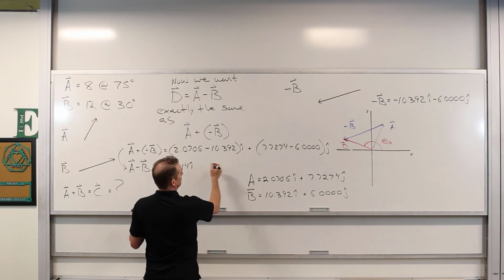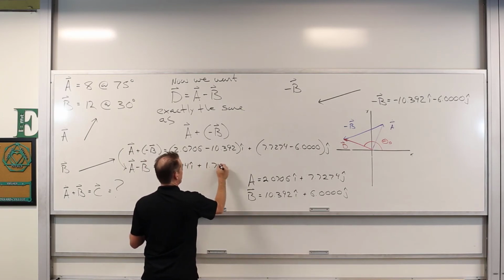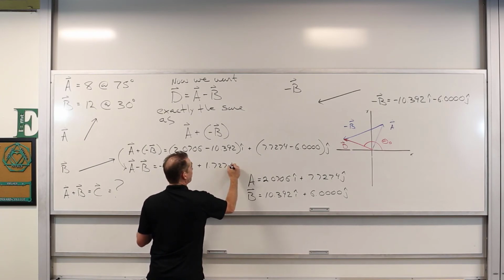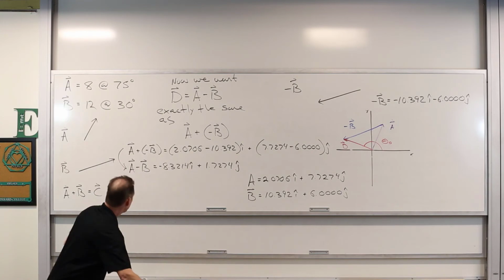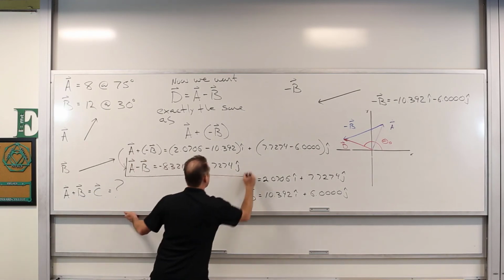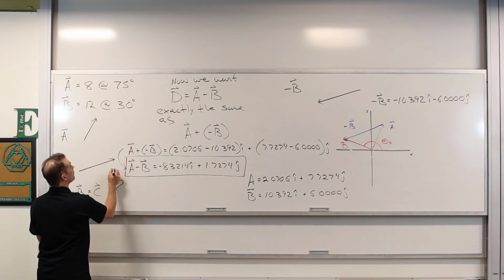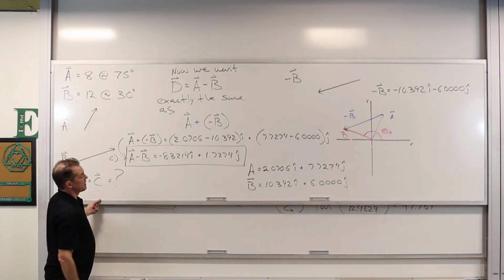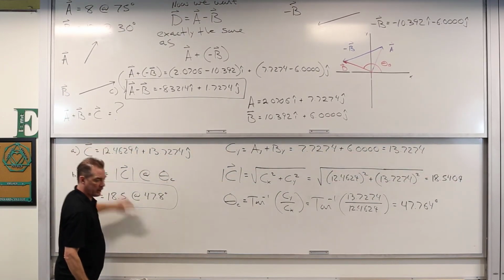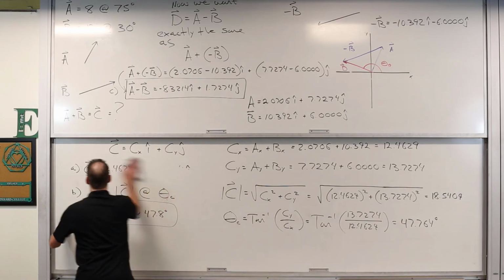So what do we got? 1.7274 j hat. So this is a hat minus b hat in unit vector notation, which is part C. Last thing to do, figure out what it is as a magnitude and direction.